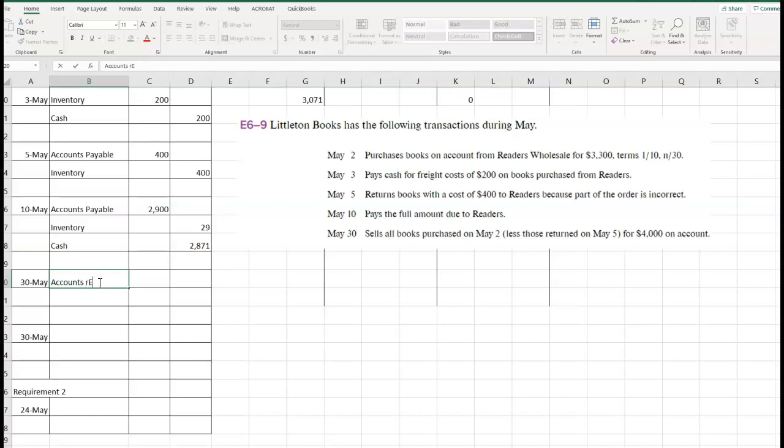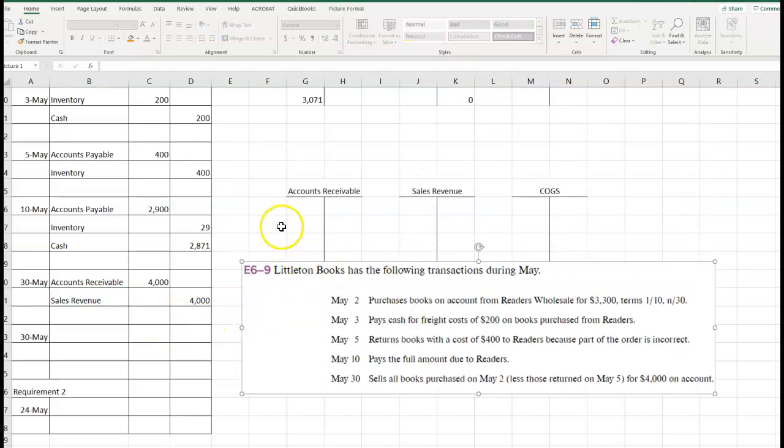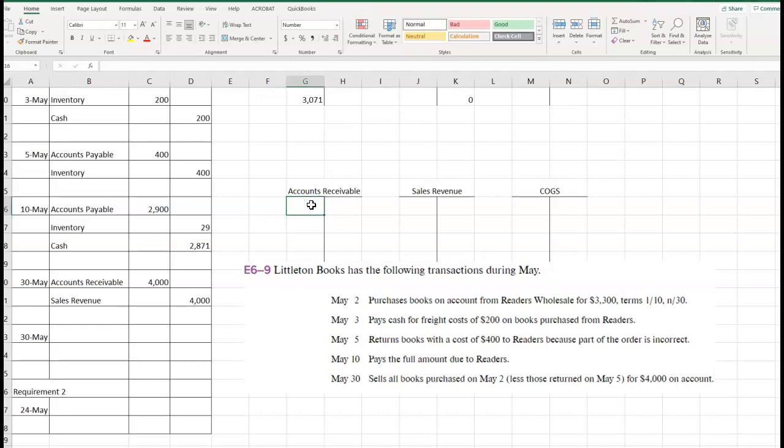Accounts receivable debit, and we sold it for $4,000, and then sales revenue credit $4,000. So now let's post those. Accounts receivable, $4,000. Sales revenue, $4,000.